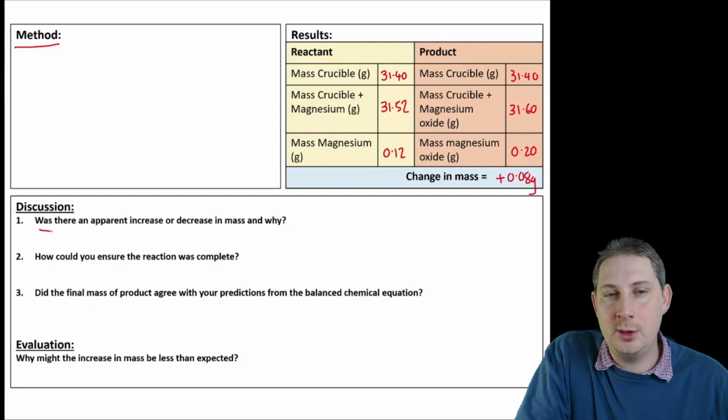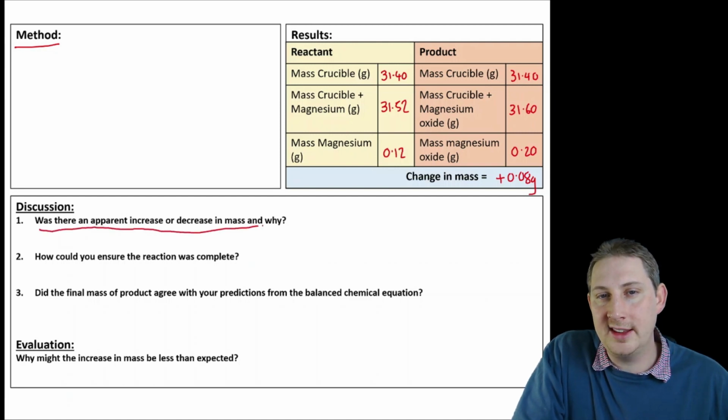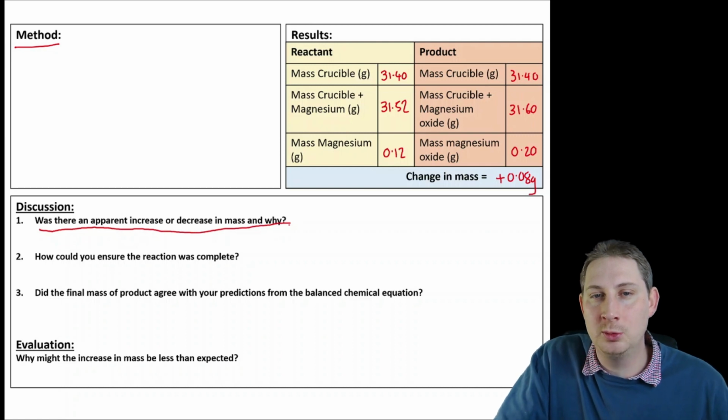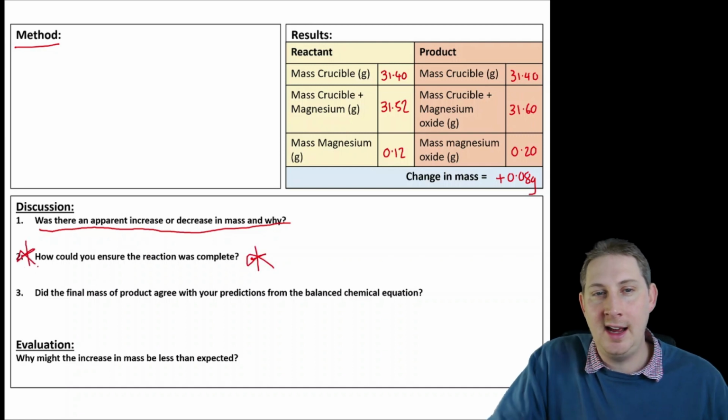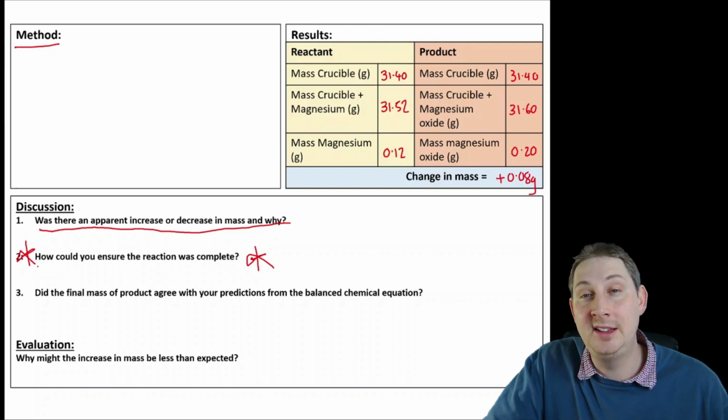Discussion. 3 questions. Single sentence answers should be fine. Was there an apparent increase or decrease in mass, and why? This is important. They often ask about this. How could you ensure that the reaction was complete? We did explain that in the video. If you can't remember, go back and re-watch it. How did we ensure the reaction was complete?